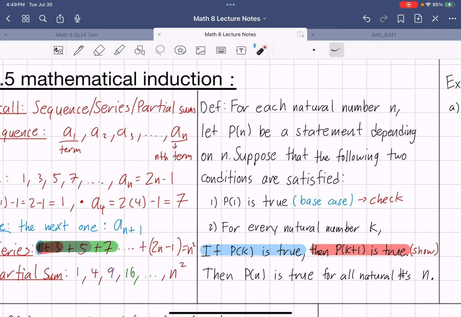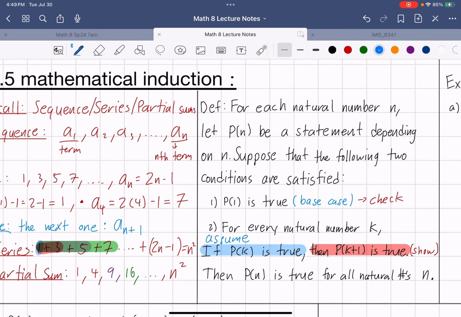So now we're choosing a different, like this is the N in question. I'm going to choose K, which you can think about as a subset of N. Because we can check 1, we can check 2, we can check 3, we can check 4, all the way to 100, right? That's essentially what this K is doing. It's checking up to 100. If P of K is true, this is a part we assume, right? We assume this part.